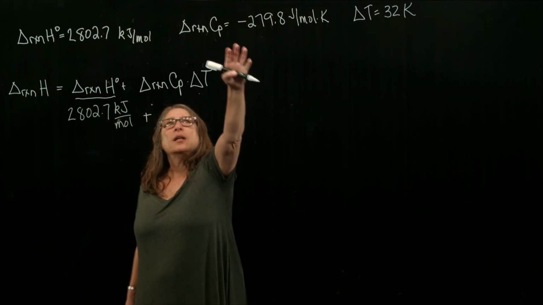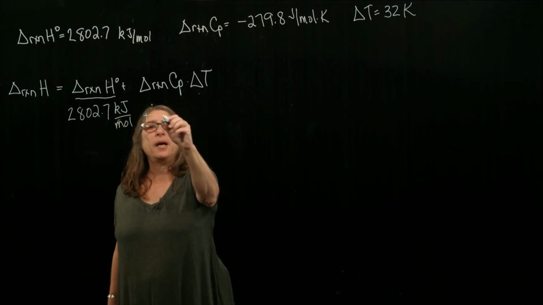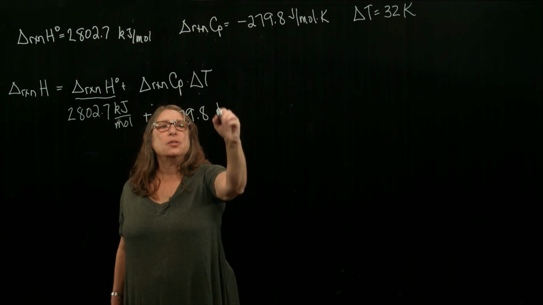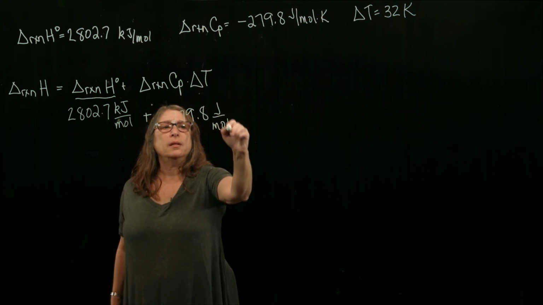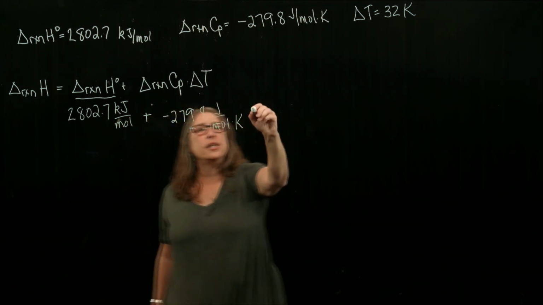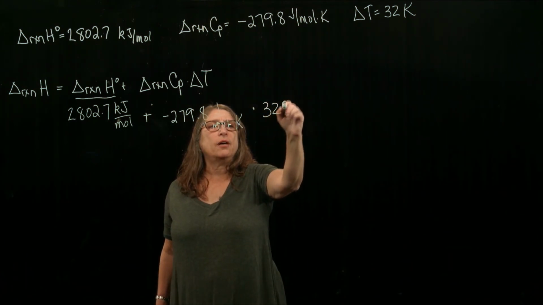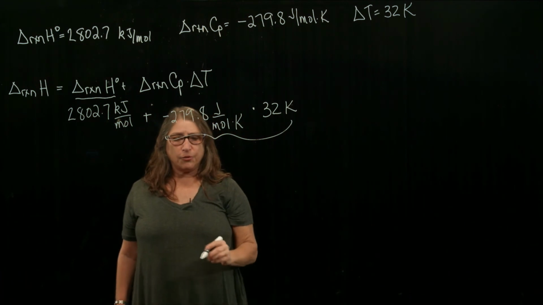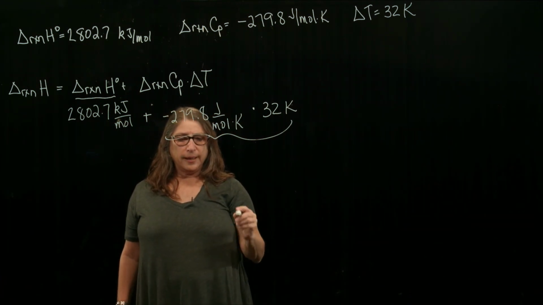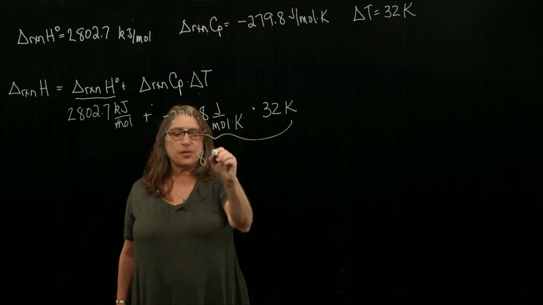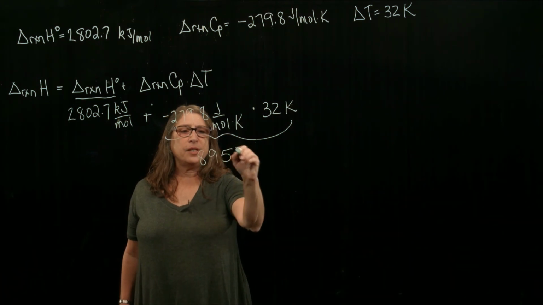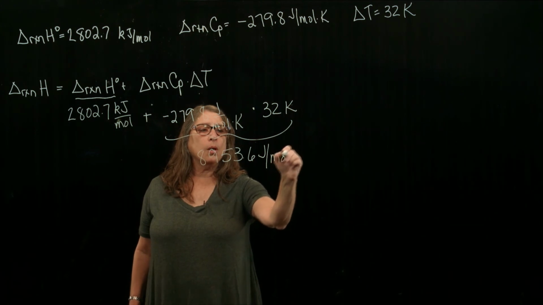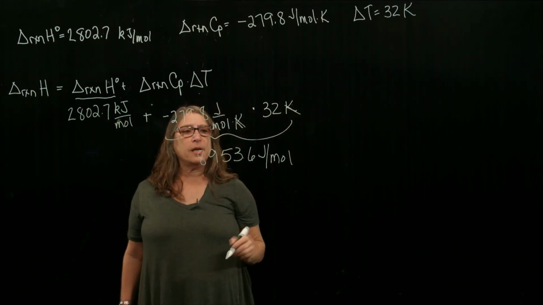Here's the reaction change in the heat capacity. Mine is 279.8 joules per mole Kelvin. And the change in temperature is 32 Kelvin. So when I multiply these two numbers out first, what I get is 8,953.6 joules per mole. Notice that the Kelvins cancel.